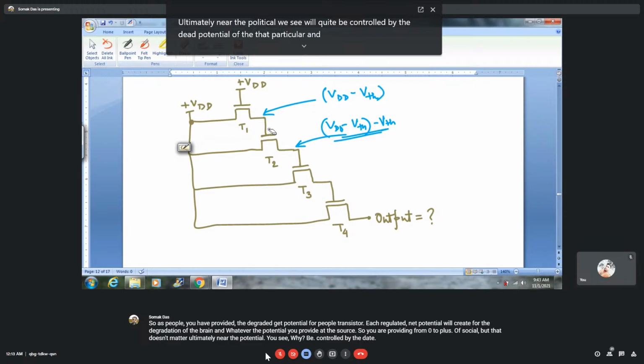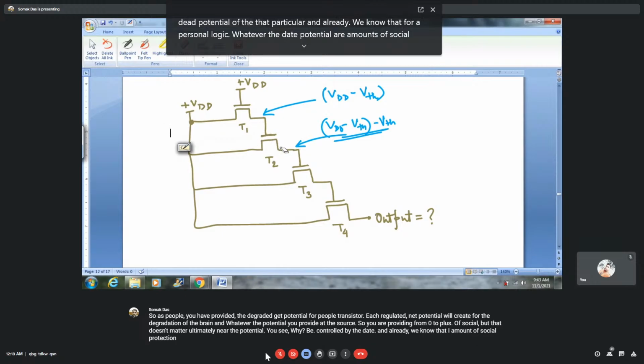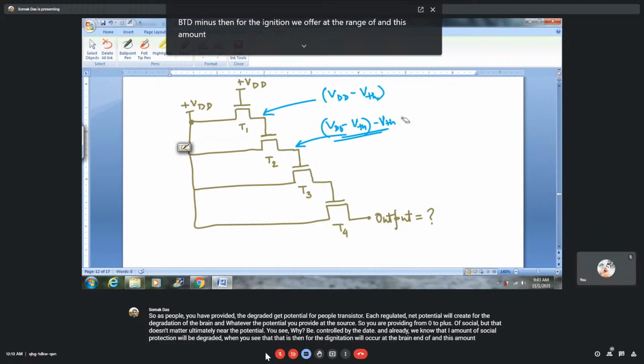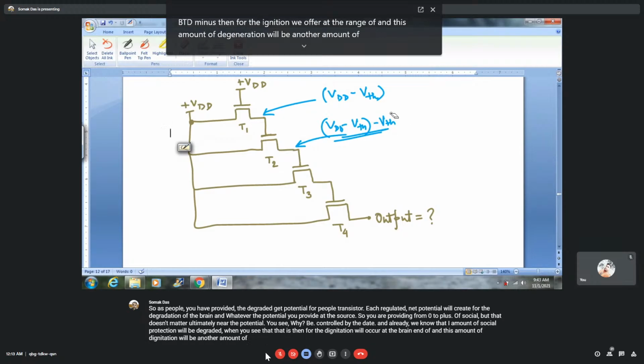And already we know that for a fast transistor logic, whatever be the gate potential, an amount of threshold potential will be degraded when you receive at the drain. If the gate is itself degraded by VDD minus VTH, then further degradation will occur at the drain end of it, and this amount of degradation will be another amount of VTH potential.